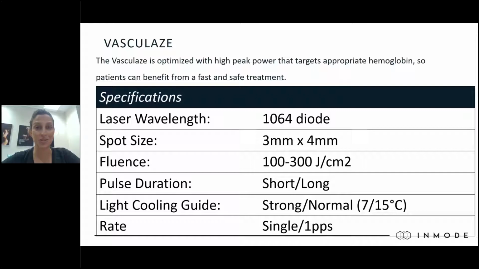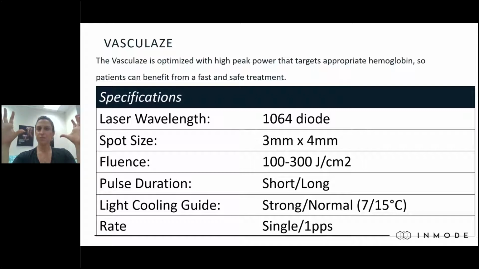I'll take a moment here to explain the difference between a short and a long pulse, the concept of pulse duration. To do that, I always like to use my fists because I think it gives the best explanation of that notion.